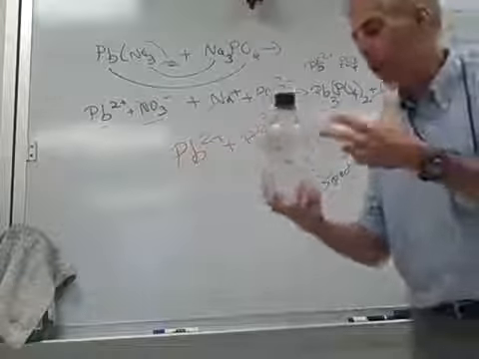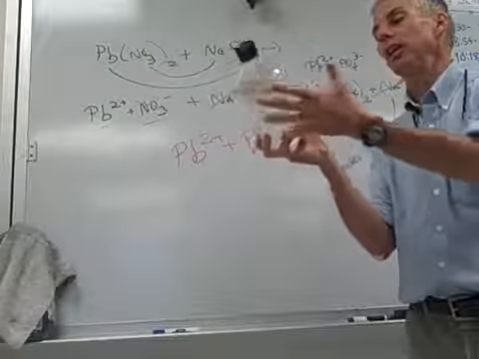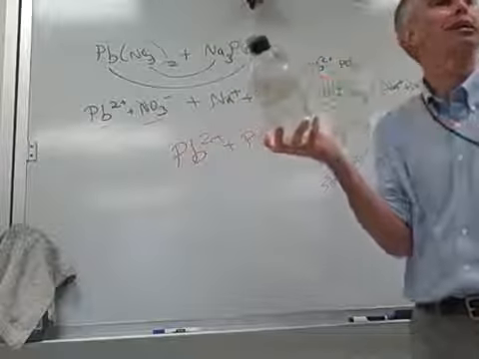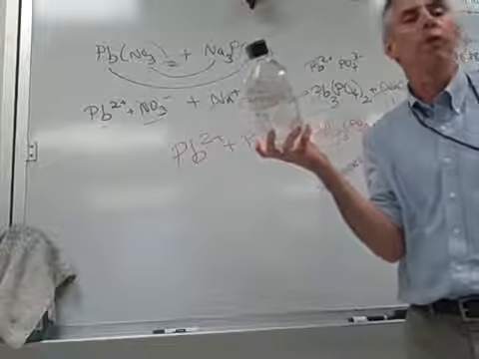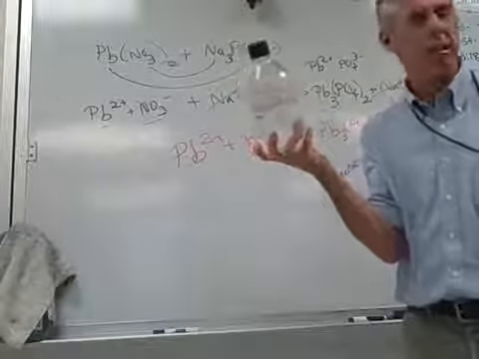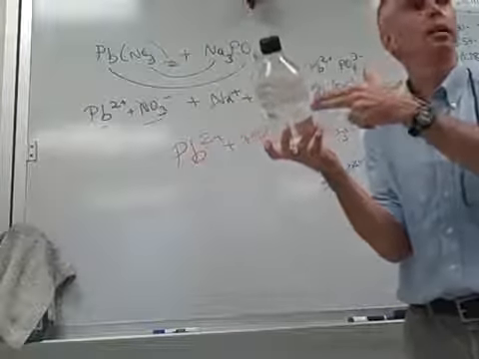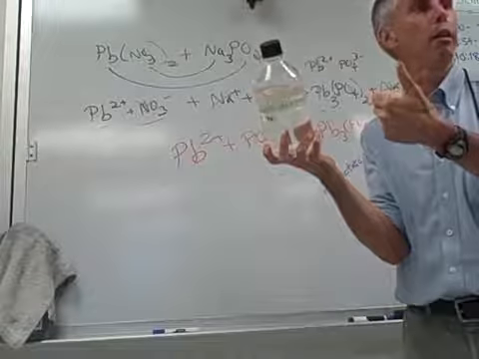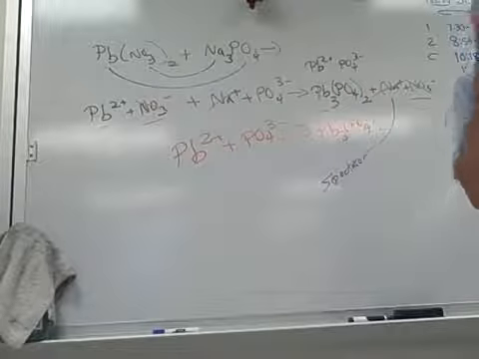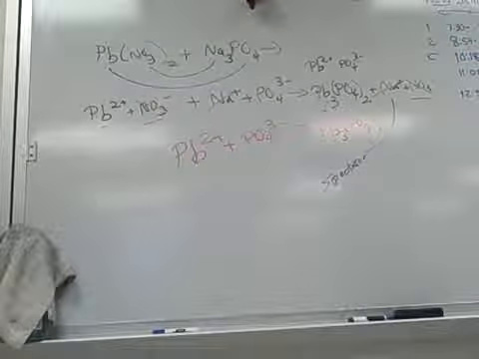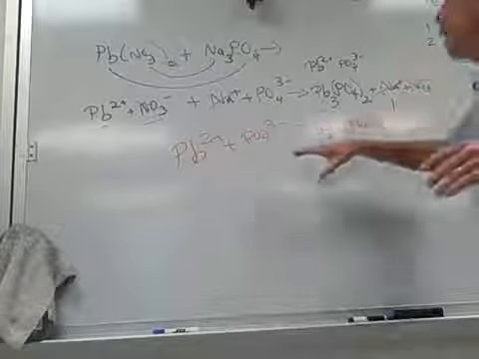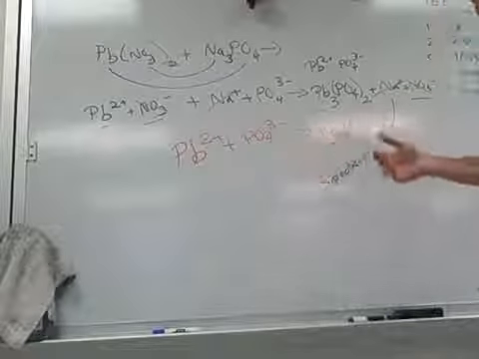If I wanted to make up a solution of sodium phosphate, I wanted the phosphate. I couldn't care less about the sodium. I go over into the stockroom, I'm going to find hundreds of sodium compounds because they're an easy way to bring the other stuff. Okay, so they just serve as a spectator. Does that make sense? So when we talk about net ionic equations, we're talking about what has actually changed.